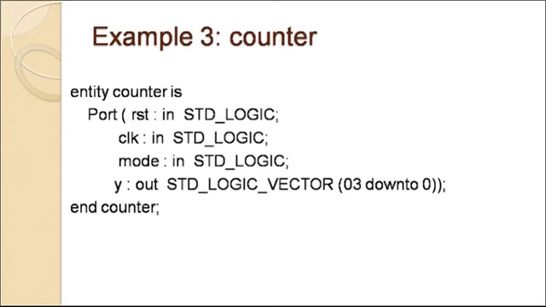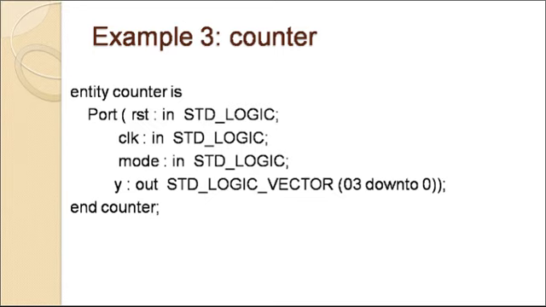Now you can see entity counter is port reset colon in std logic, clock colon in std logic, mode colon in std logic. You try to remember, in earlier examples I have written A comma B comma C in std logic.